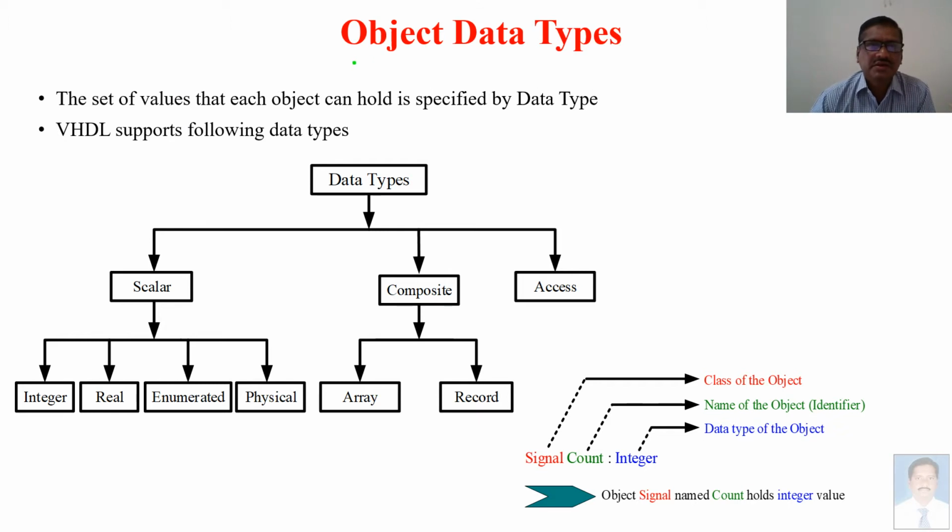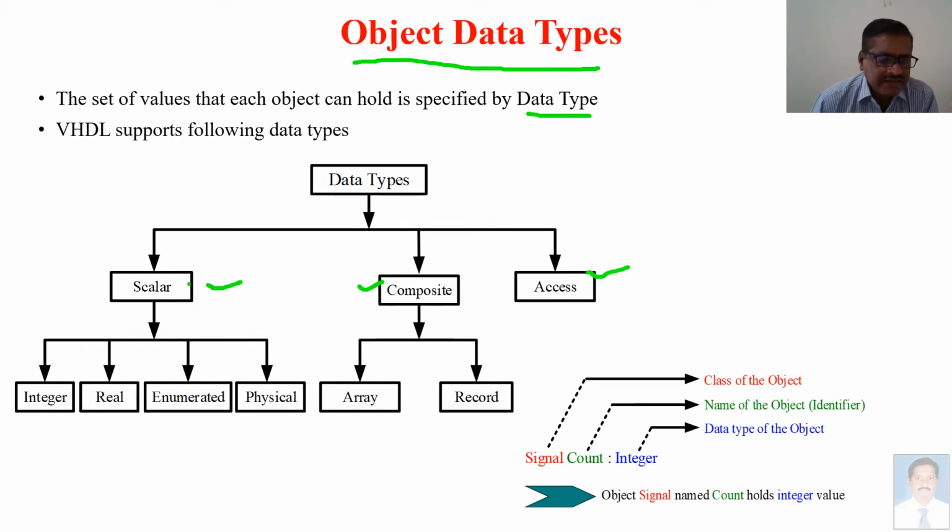To begin with, object data types. The set of values that each object can hold is specified by its data type, and VHDL supports the following data types. The data types are divided into three main categories: scalar, composite and access.